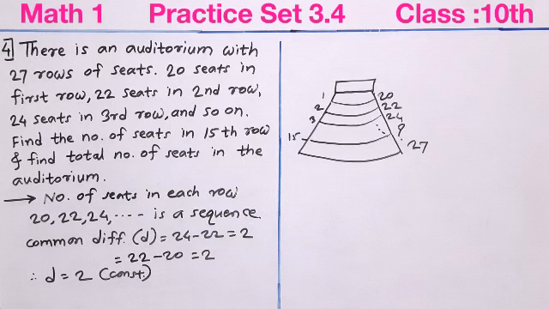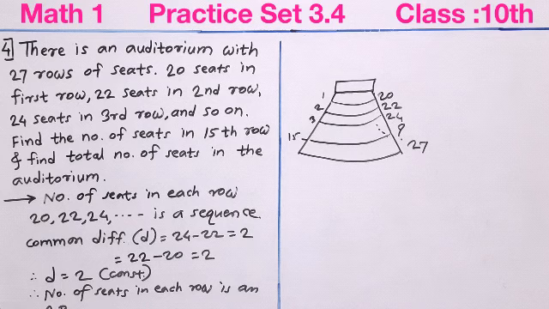What we have learned is that when the common difference in a sequence is constant, the same number keeps coming, then the given sequence is an AP. So the number of seats in each row is an arithmetic progression, it is an AP.